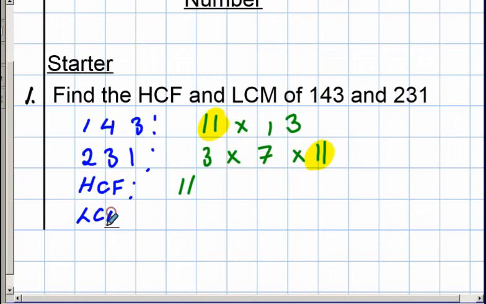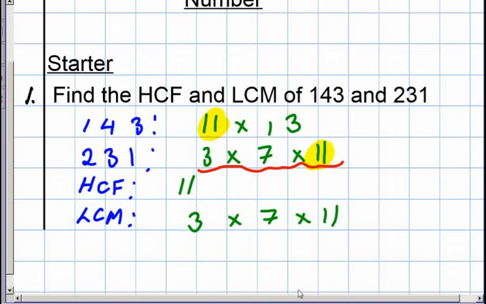What about the LCM? Okay, here is my suggested way of dealing with these. You write down the longest one first: 3 times 7 times 11. And then you look at the other number or numbers. Which of those factors don't I already have?